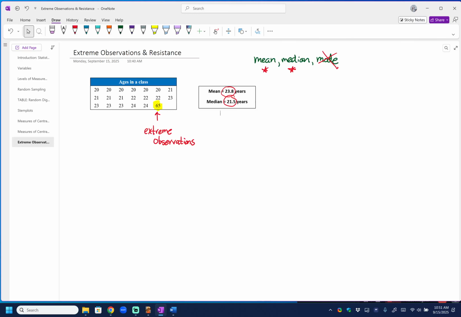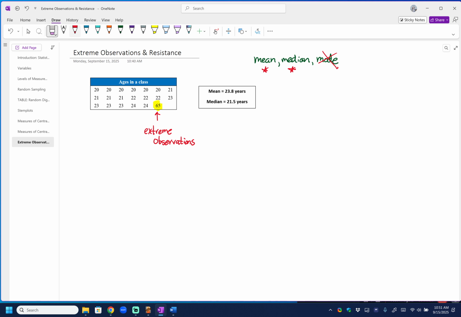If you look closely, you're going to see that our mean, 23.8, would fall somewhere in this realm right here, which means that it would only have 3 observations that are higher than it, which means that it would have 17 that are lower than it. So that doesn't seem like a very good measure of center for us to use.